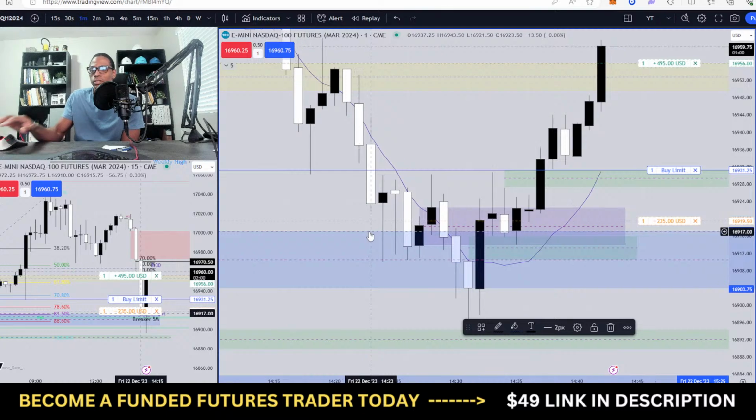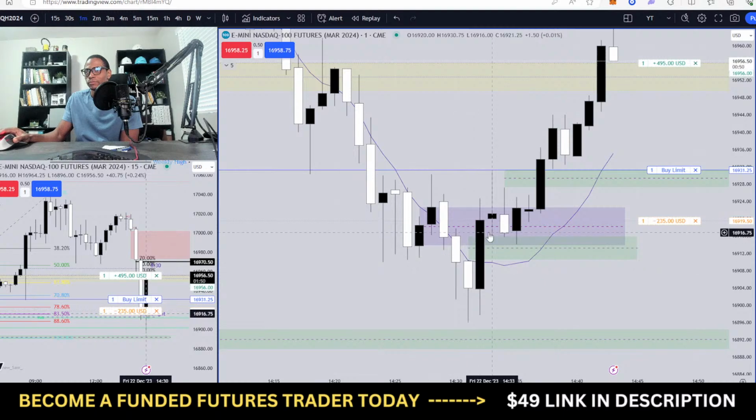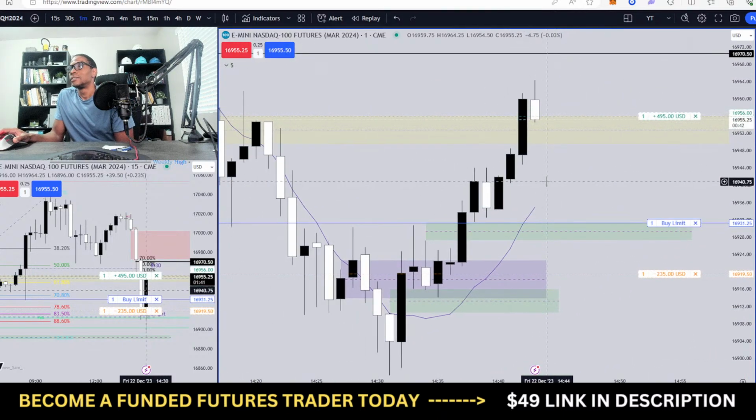Let me delete this breaker so we can see it easier. The purple would be the new breaker. There was a fair value gap created right here. So when price made a new high, it traded back into the fair value gap, and then it took off. Oh, okay, got it.